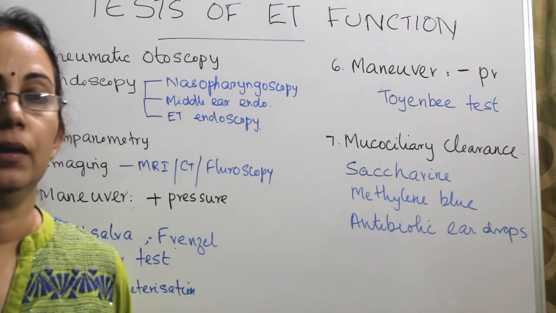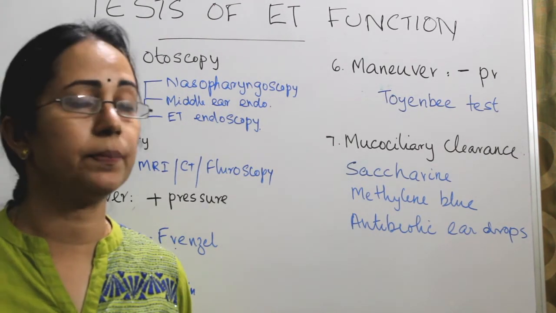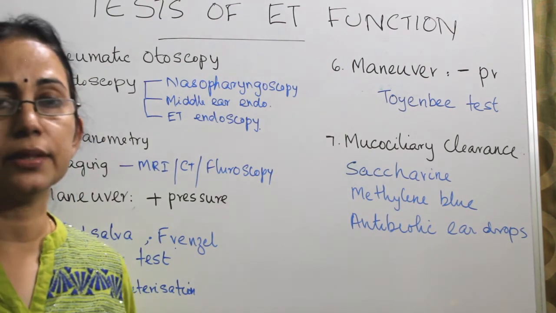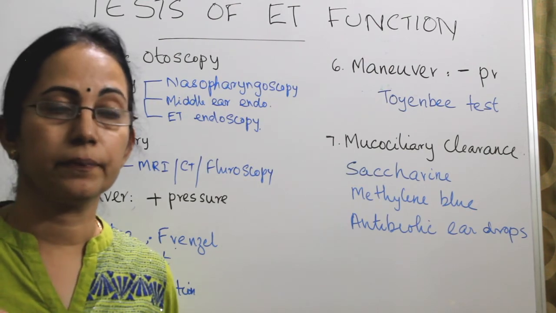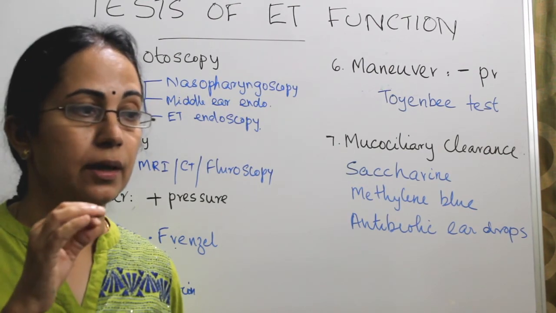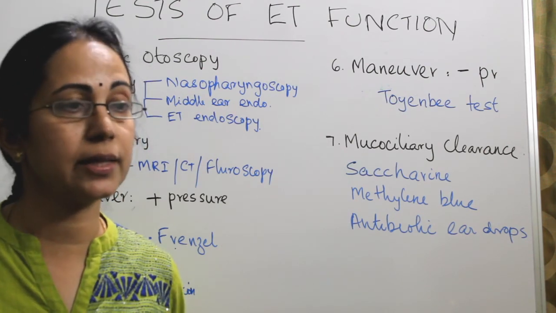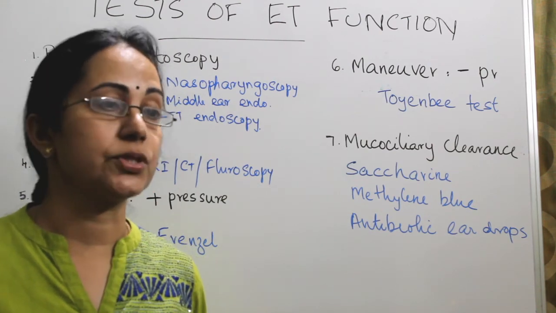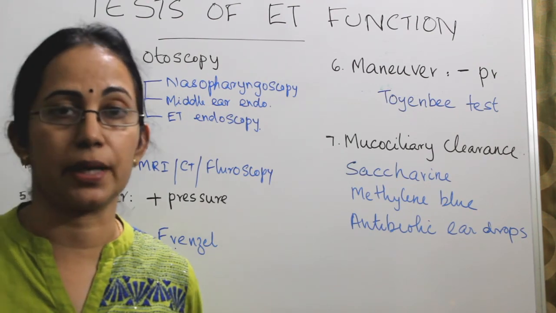The tests of mucociliary clearance are done in case of a perforated tympanic membrane. We instill any of three solutions into the middle ear through the perforation. The time taken for the solution to reach the pharynx and impart its taste is taken as a measure of Eustachian tube function and also the mucociliary clearance mechanism.